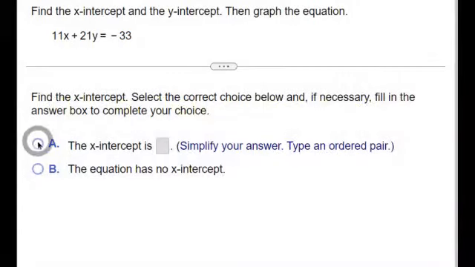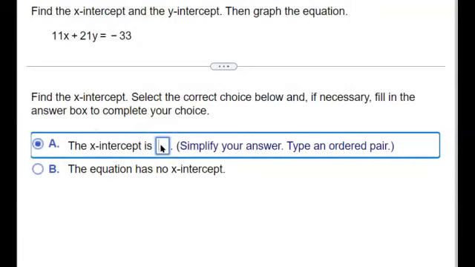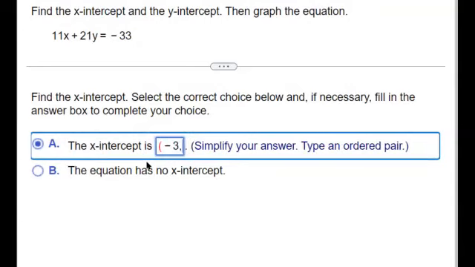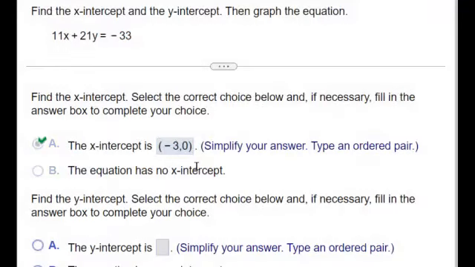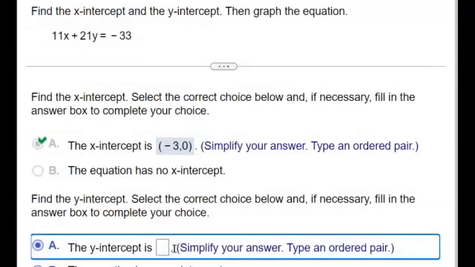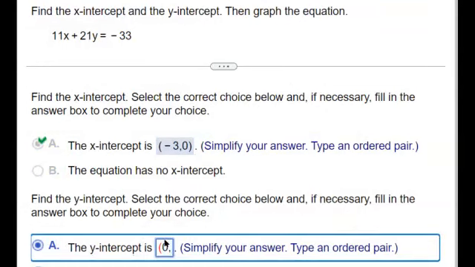Okay, so now I can tell it my x-intercept. The x-intercept was where y was 0. So there's my x-intercept, and my y-intercept is where x is 0.